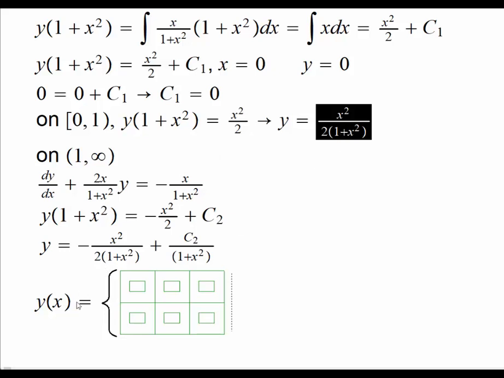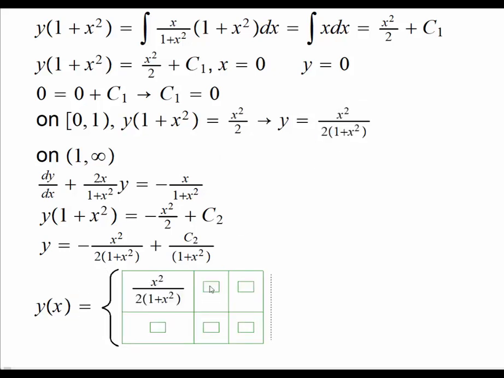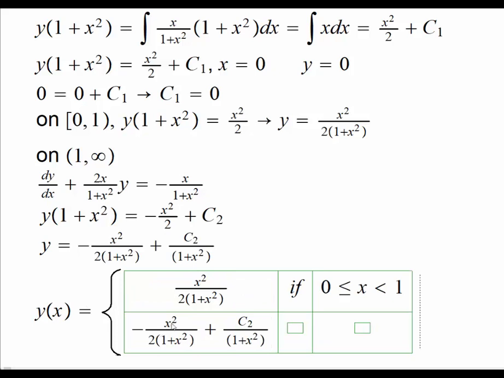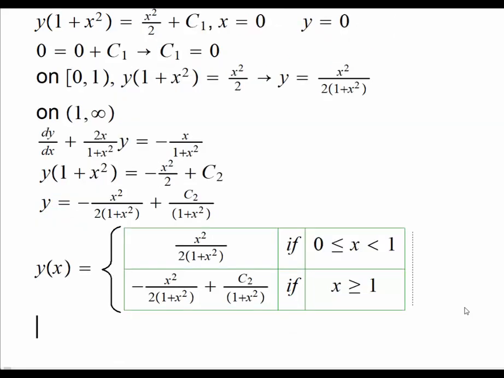That is, we have the solution as this if we are in the interval 0 less than or equal to x less than 1, and it's going to be given by this quantity if x is greater than or equal to 1. Okay, so that's a solution. It's a discontinuous solution, of course, depending on the value of c.